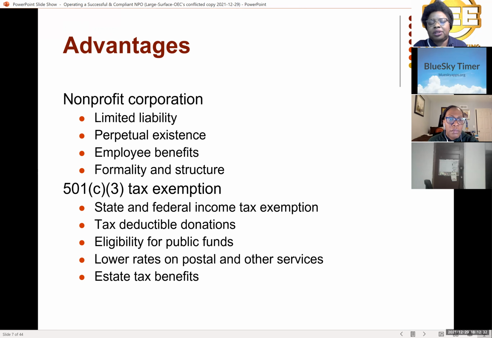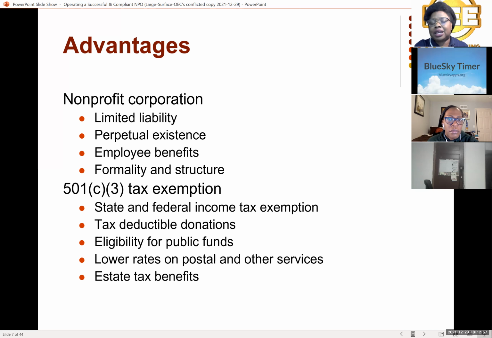We'll talk about D&O insurance later. Here's one thing that people don't realize about nonprofits. All of your assets have to be in what we call perpetual existence. For instance, you buy a car using the assets in the name of the nonprofit. You decide you're not going to run this nonprofit anymore.